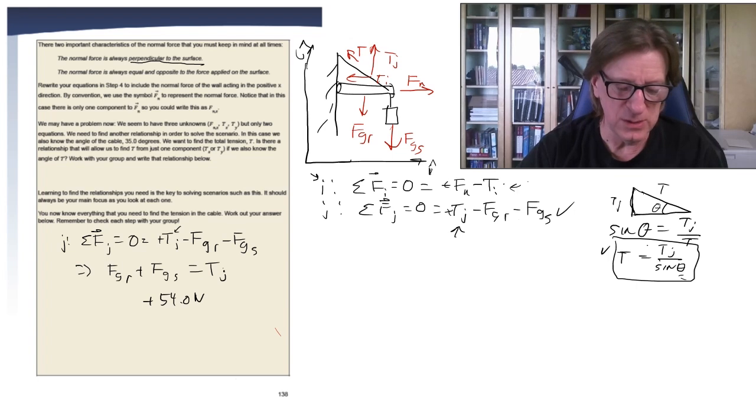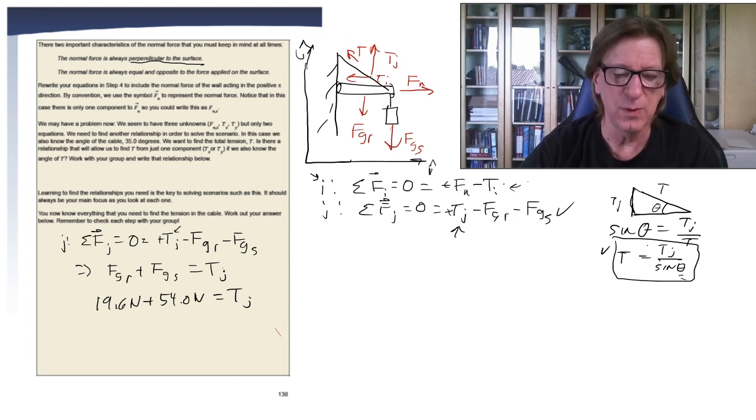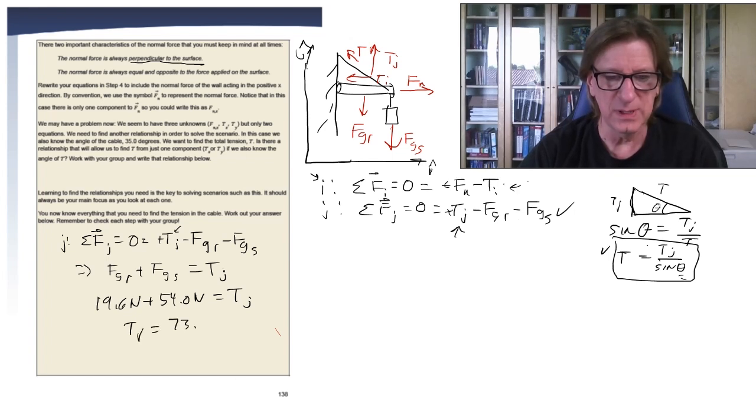And then we had 2 kilograms times 9.81. And so F of GR was 19.6 newtons. Both of these are in the J hat direction, and that equals TJ. So we just add them up. So plus 54, and I'm getting that TJ is equal to 73.6 newtons.